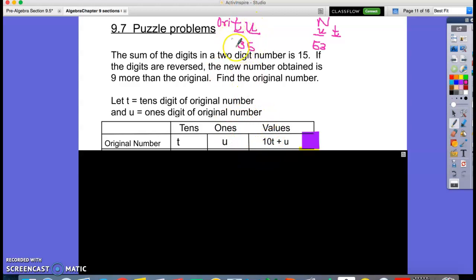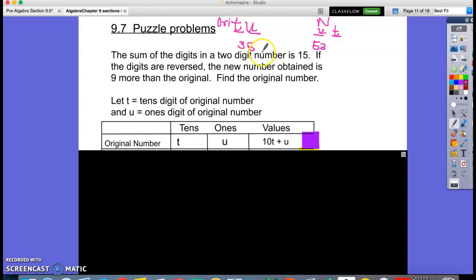So how do I say the value? The tens place means, if it's 35, that means there are 3 tens and 5 ones, right? So the value will be 3 times 10, that is 30, plus 5 times 1, which is 5.